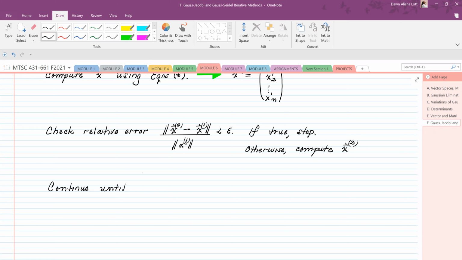They do it until the norm of x_k minus x_(k-1), divided by the length of x_k, is less than some number epsilon, and this is my tolerance.